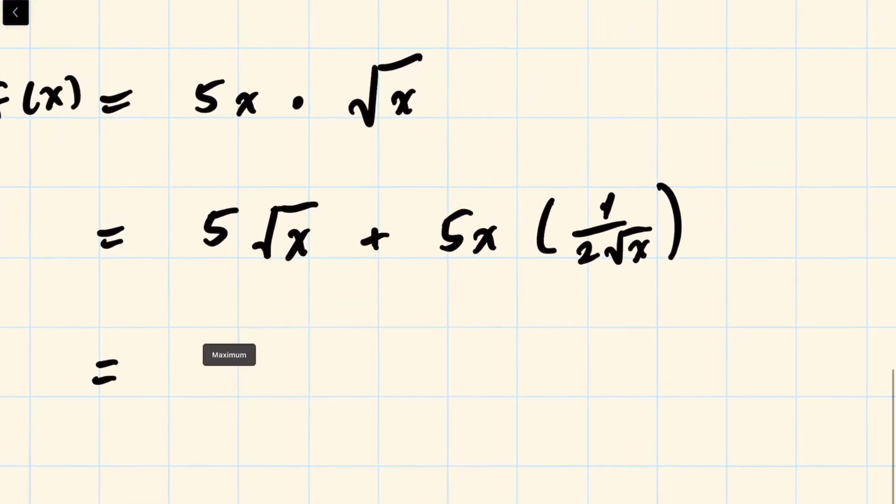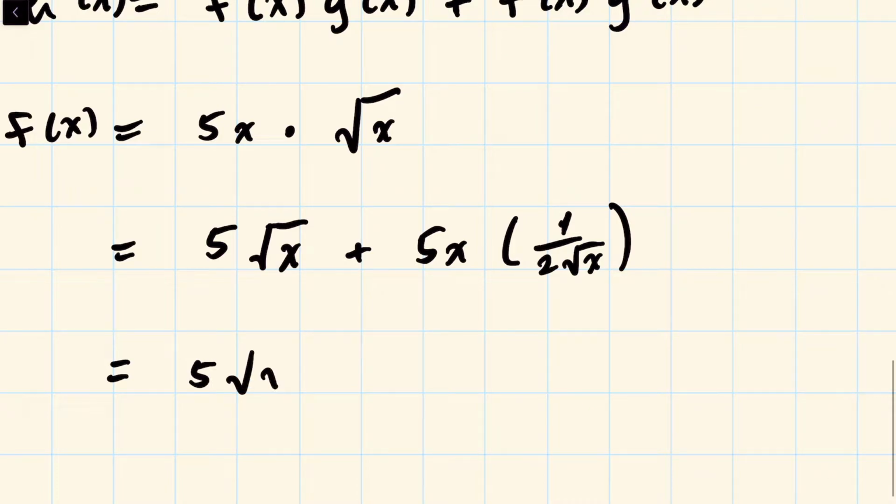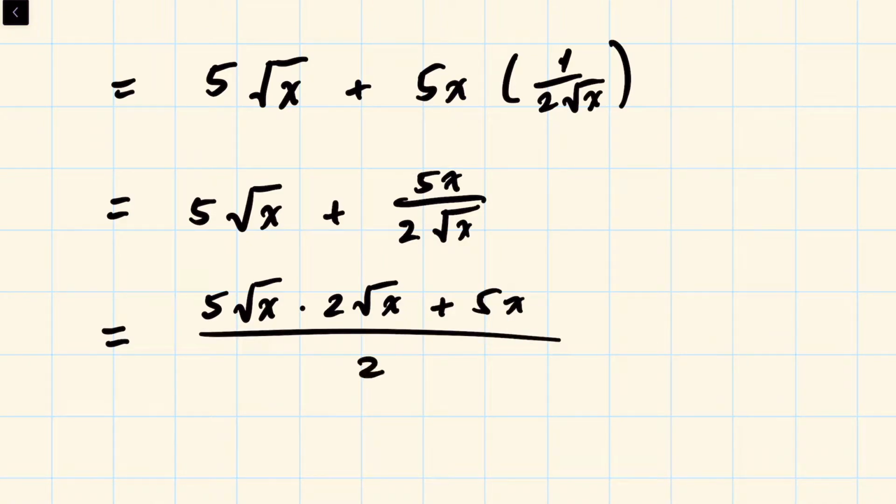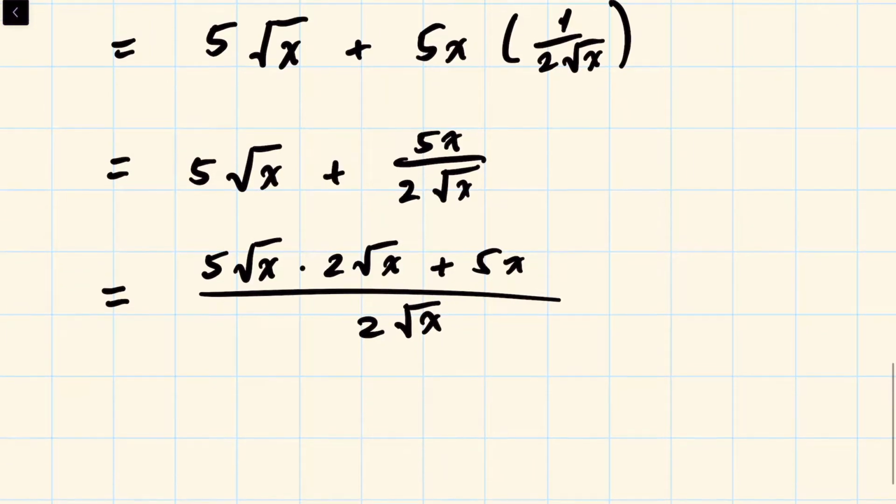So we can simplify this now. 5 root x plus 5x over 2 root x. You can get a common factor here of 2 root x, I suppose. 2 root x plus 5x all over 2 root x. Okay.